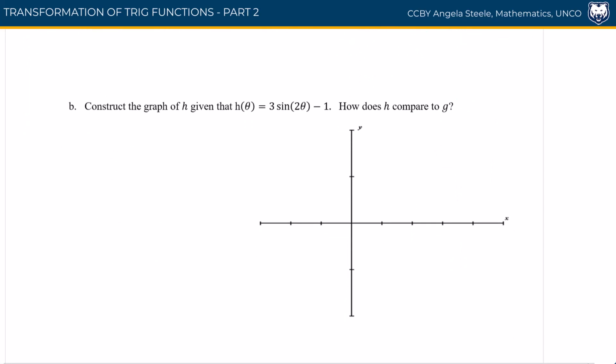All right, and then we have one more graph here, so we want to construct the graph of h given this particular function, and then see how the two compare. Notice that the 3 and the -1 I kept the same, just so you could see that that doesn't change. So the 3 is still our amplitude, and the -1 is still our midline, which just like before, is going to oscillate between 2 and -4, so that's the same discussion.